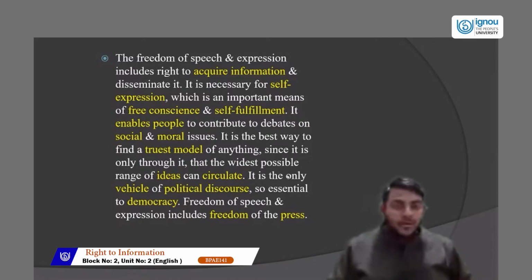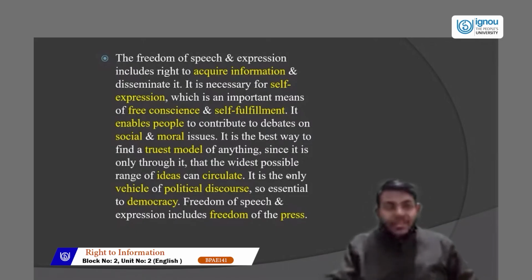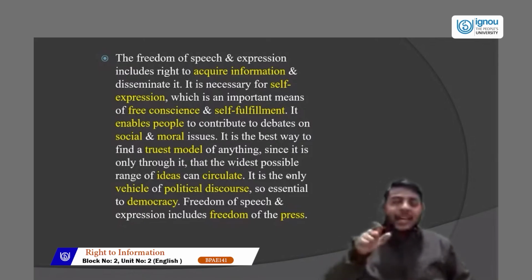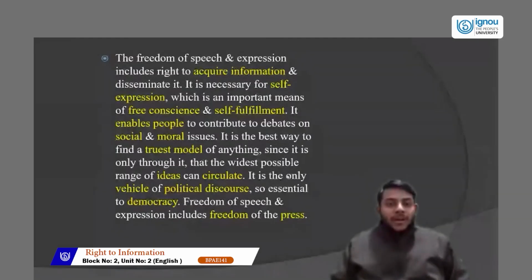So freedom of speech and expression includes the right to acquire information and to disseminate that acquired information, which itself is necessary for self expression as well, and which is an important means of free conscience and self fulfillment. The freedom to acquire information enables people to contribute to debates on social and moral issues.